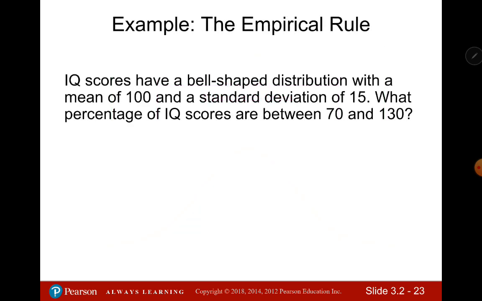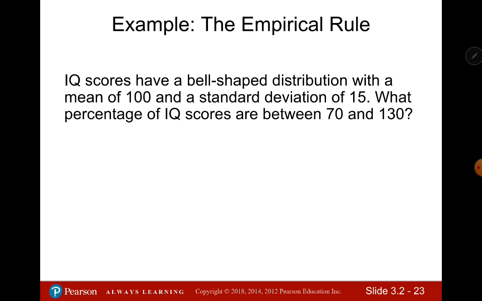We can check an example. If we know the IQ scores have a bell-shaped distribution, which means we can use the empirical rule. And we also know the mean value.